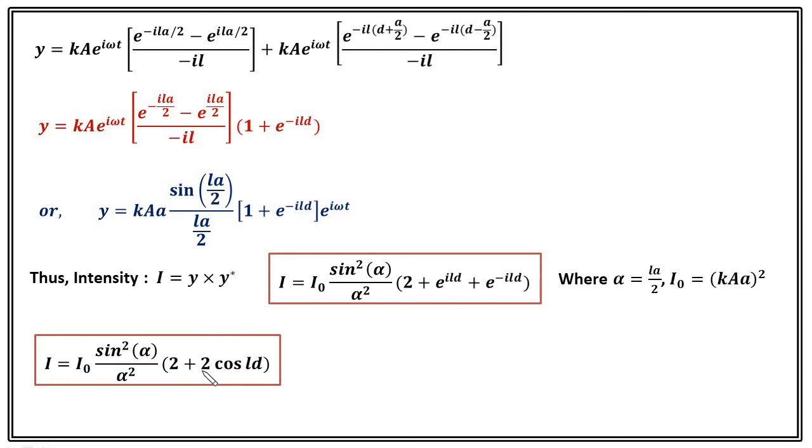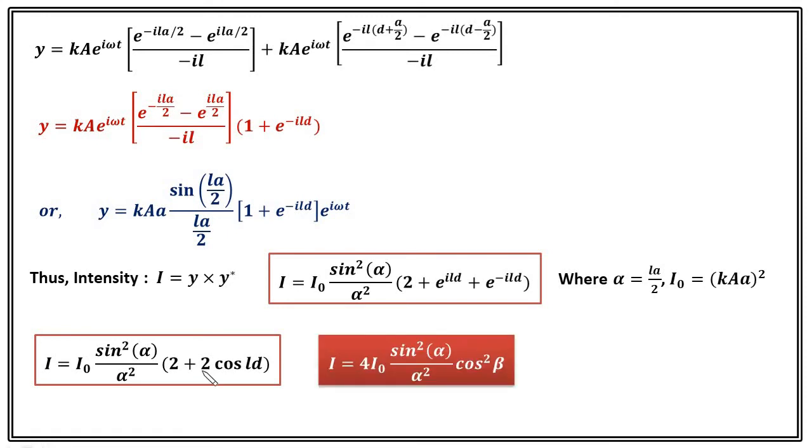Then we can again use the formula of cos 2 theta and get 1 plus cos ld equals 2 cos square ld by 2. Then we use ld by 2 as beta. Therefore, this expression reduces to I equals 4 I naught sine square alpha upon alpha square cos square beta. So this is a very important relation. This is the intensity due to double slit diffraction at any point.